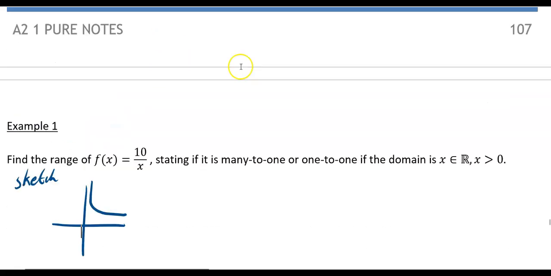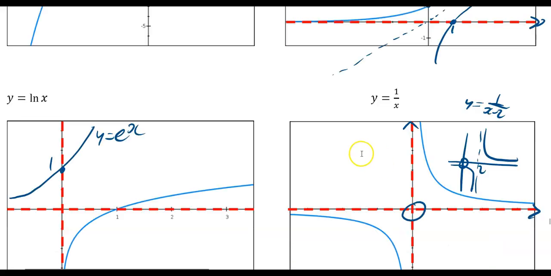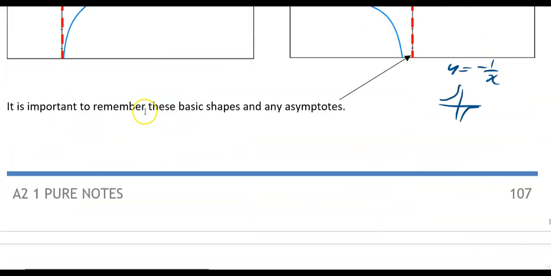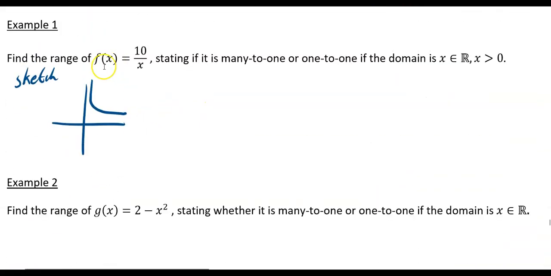It's our reciprocal graph. Okay, you can see it's just top right, bottom left. But here in this one, it's just in the top right because it tells you x belongs to the reals and x is greater than 0. So it only exists in here, so that's all we have.